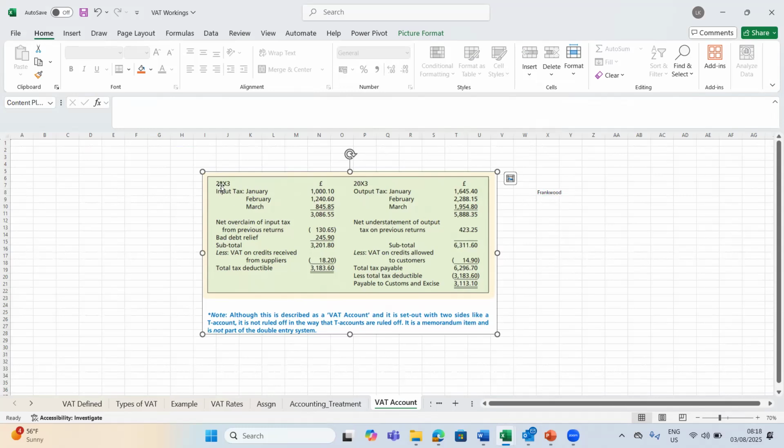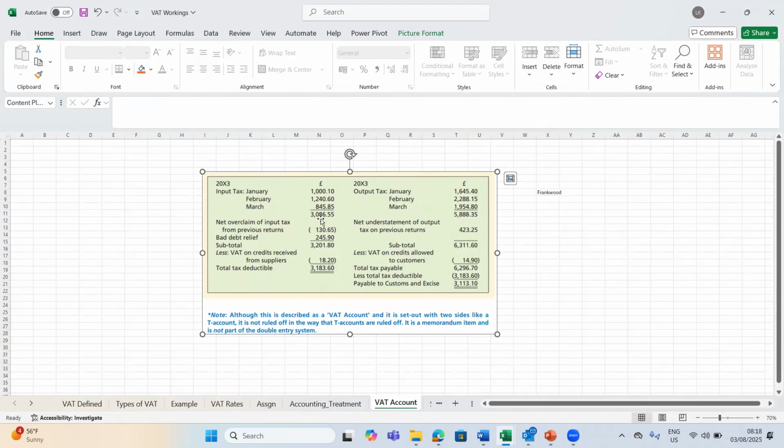So we're in this year, and then input tax, like we're doing the reconciliation, right? So for January, the input tax was 1,000, February 1,200, March 800. Then for the output, the same, and then the total for the output is more than the total for the what?